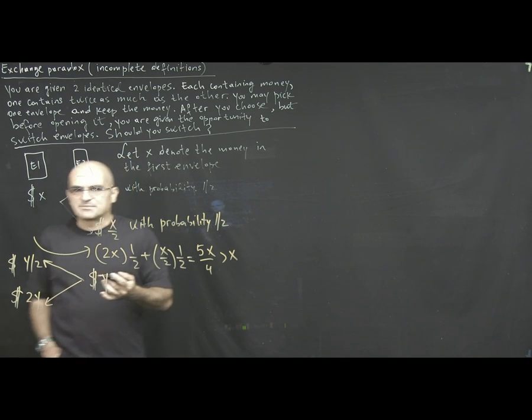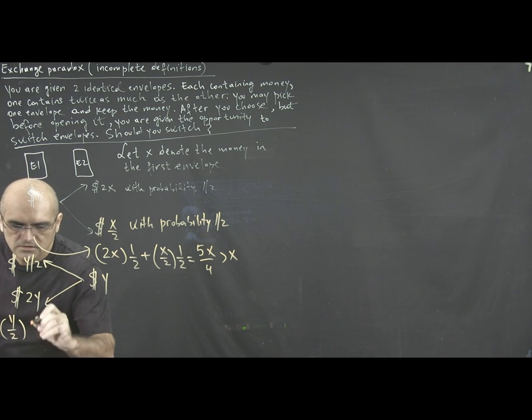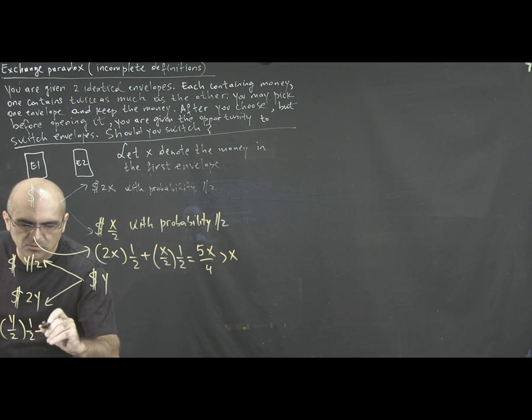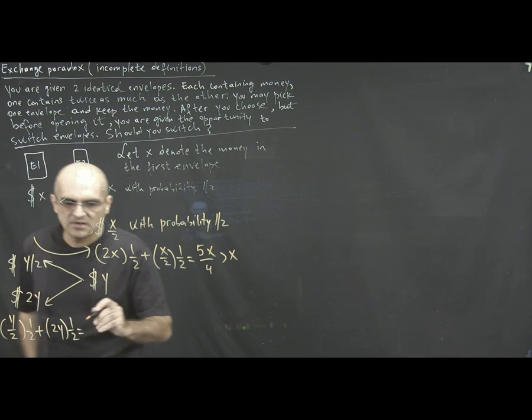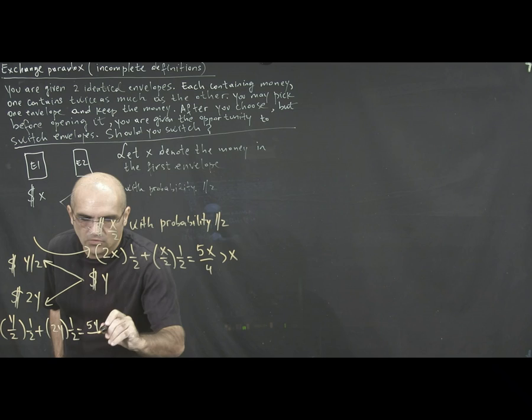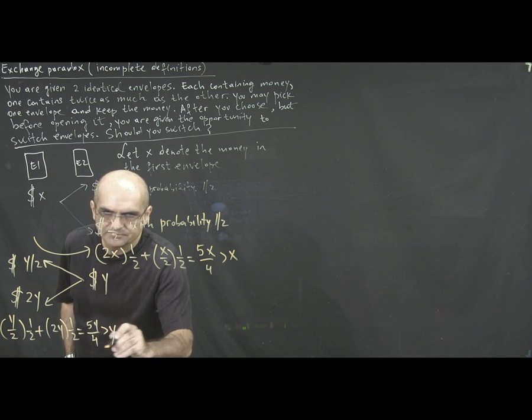And then if I compute the expected value, I get y over 2 times 1/2 plus 2y times 1/2, which gives me 5y over 4, which is, of course, greater than y.